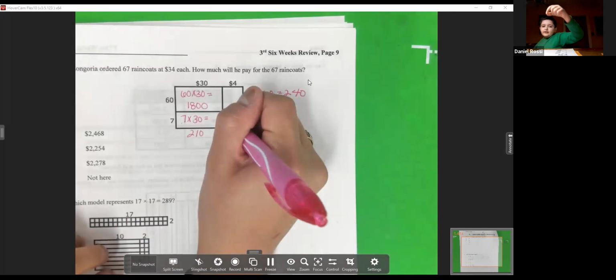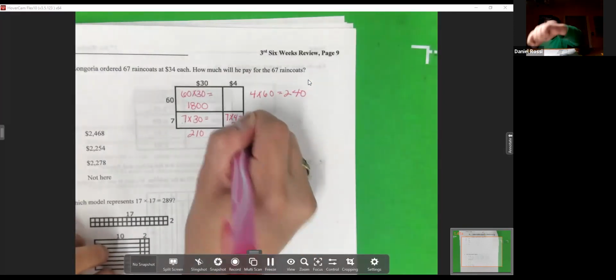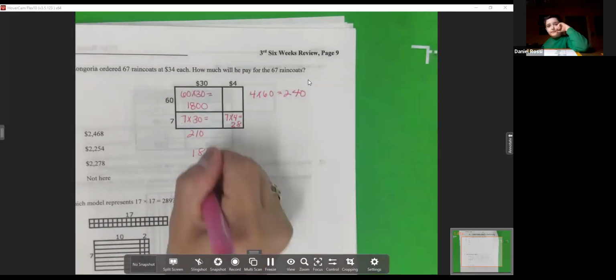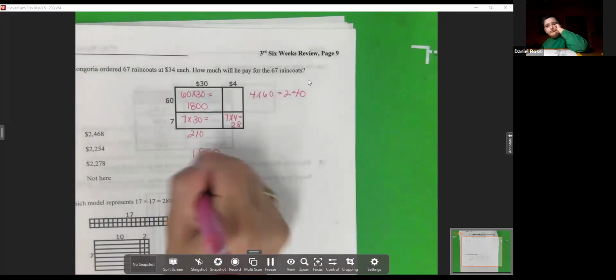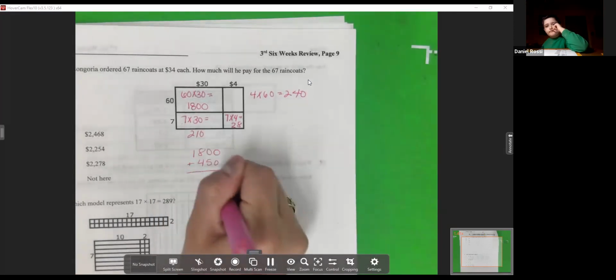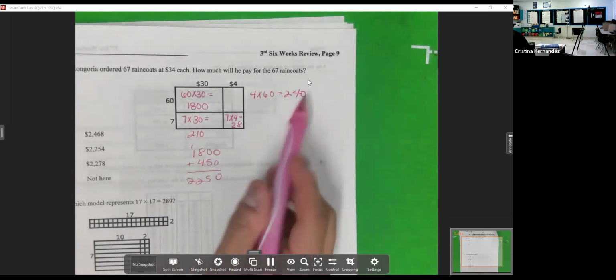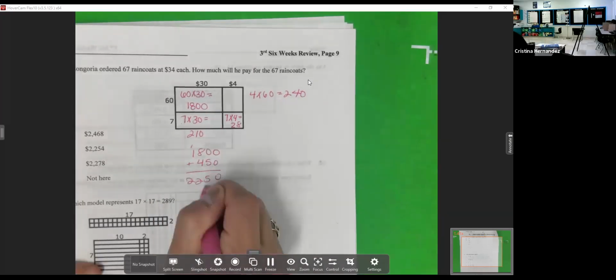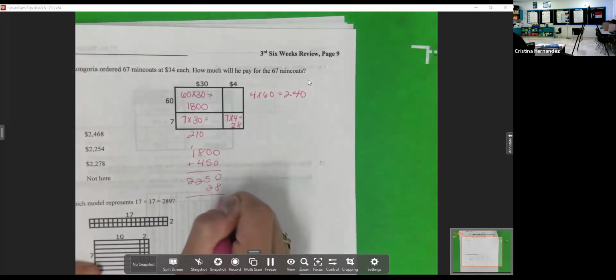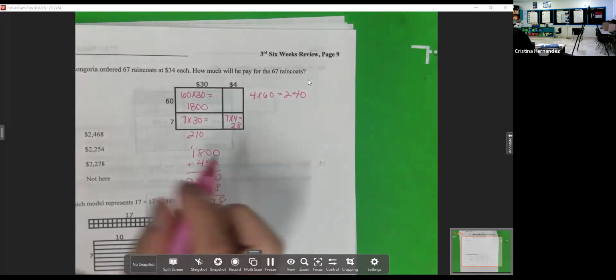And then 7 times 4 is 28. So then I added them up and got my answer. I did mental math on 250 and 210. Yay! I did it right.